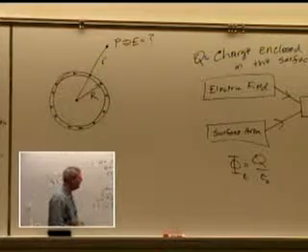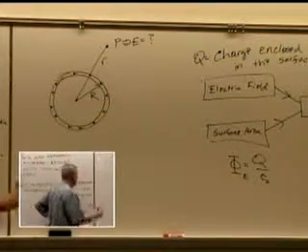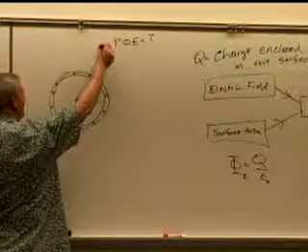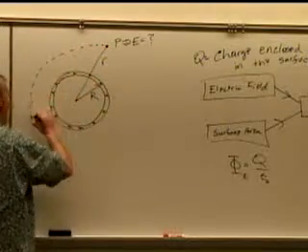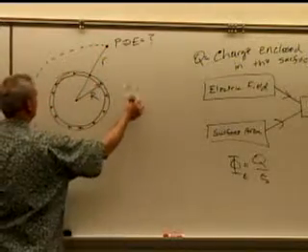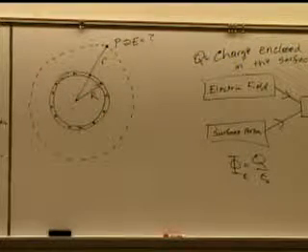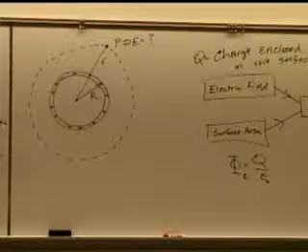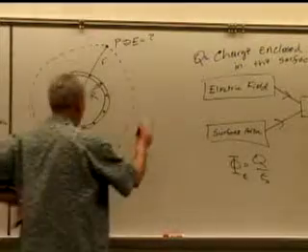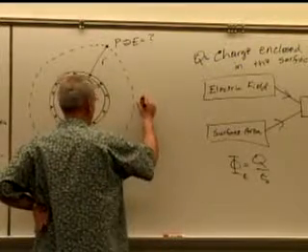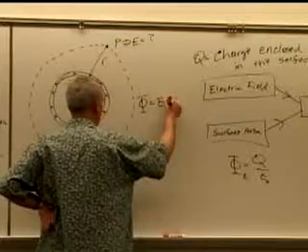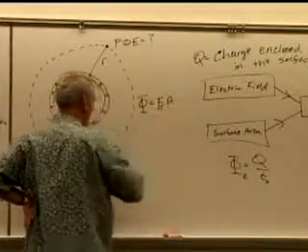So what we're going to do is draw an imaginary sphere around here like this. Okay? All right? And we're going to say, okay, I know this. I know that the electric flux caused by this sphere is equal to EA. E is what I'm after.